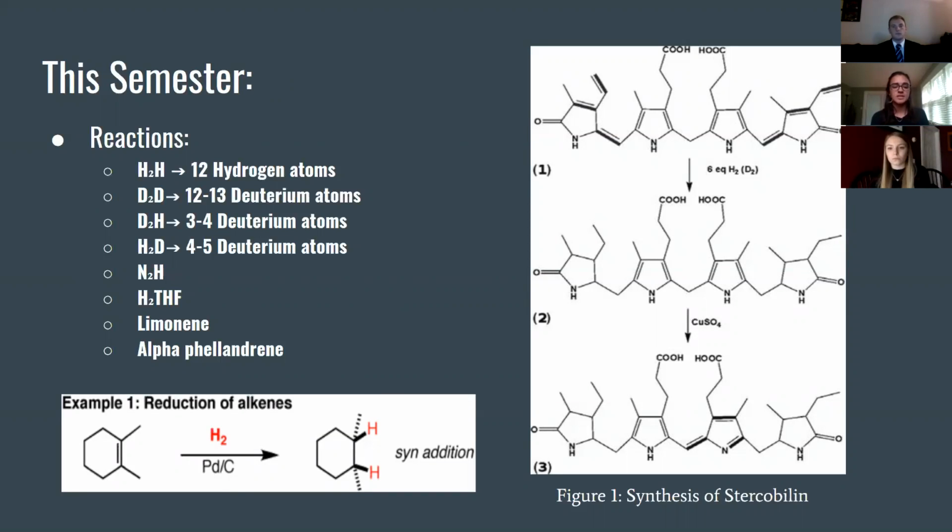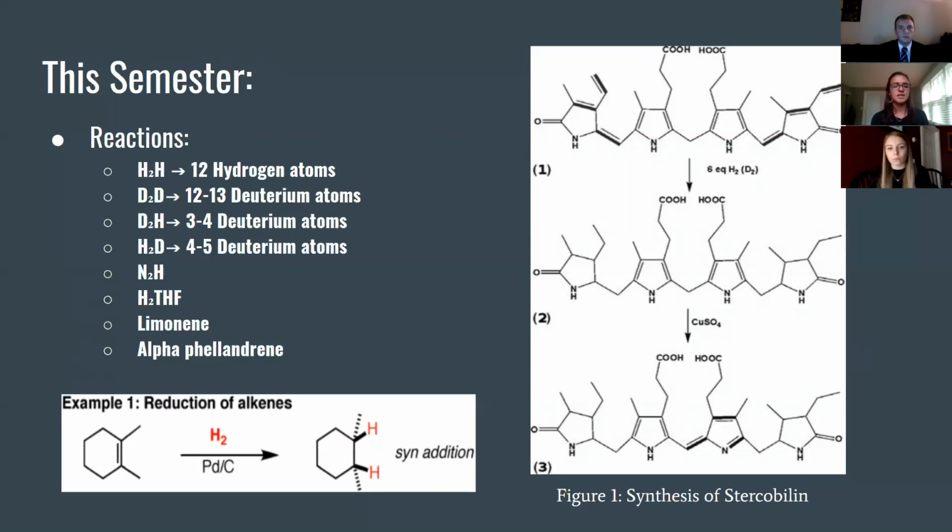If you look at the D2H reaction, the deuterium gas in that is what is supposed to provide the deuterium atoms to the stercobilin molecule, and we only get 3 to 4. And in H2D, we get 4 to 5 deuterium atoms, which isn't supposed to happen because we didn't use deuterium gas. We also did an N2H reaction to see what would happen if we didn't use deuterium or hydrogen as our gas.